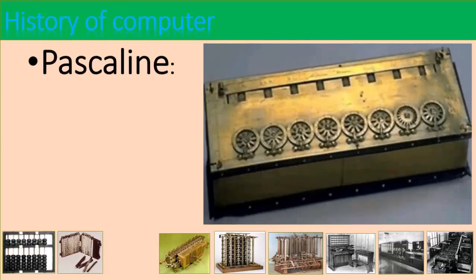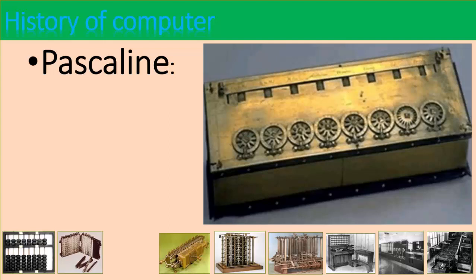The next one, students, is the Pascaline. Students, as you know, the Pascaline is also known as the arithmetic machine or adding machine. It was invented between 1642 and 1644 by a French mathematician, Professor Blaise Pascal. It is believed that it was the first mechanical and automatic calculator. Pascal invented this machine to help his father with tax accounting.